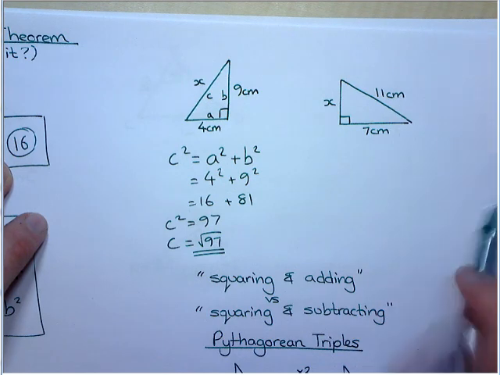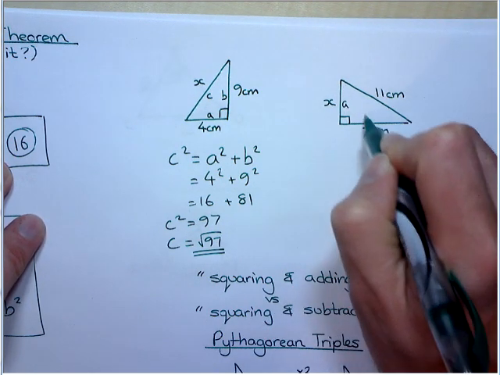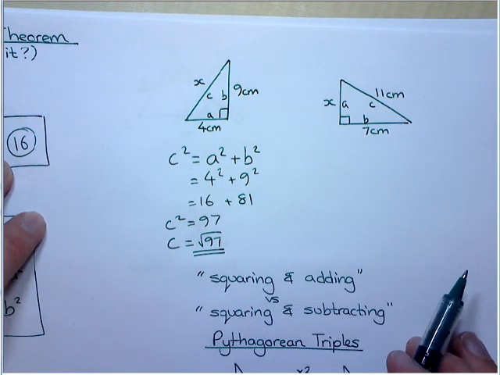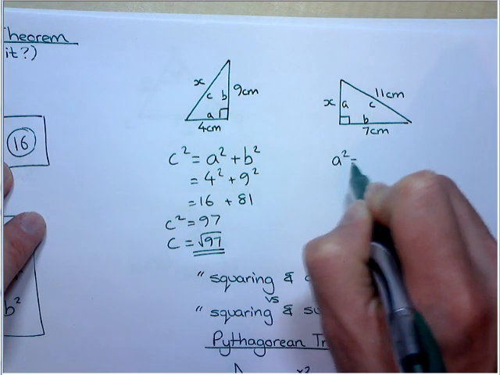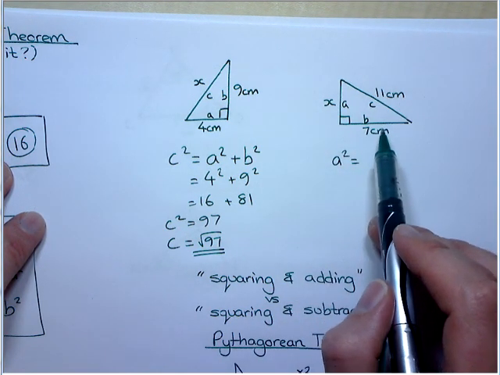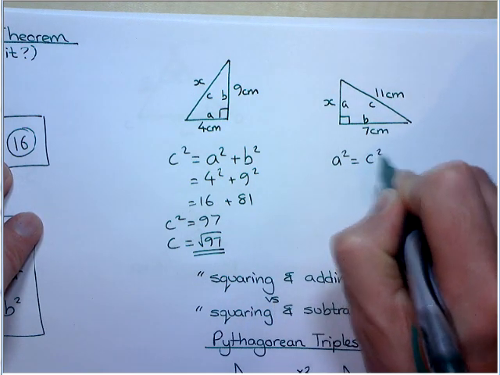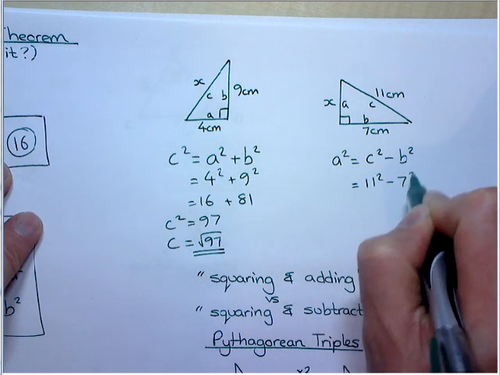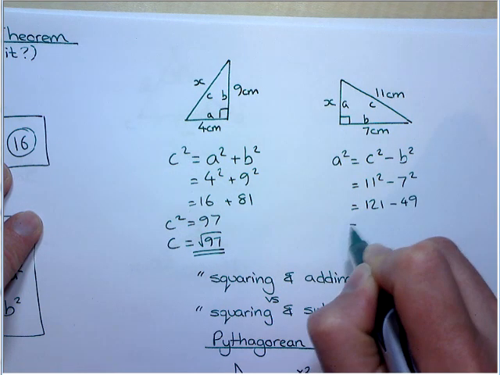So here, this is definitely the shortest just by looking at it, so I'm going to call that one A, this one B, and the longest, the hypotenuse, C. So we are now finding A. So I know the smaller one is not these two squared and added, because these two squared and added makes this one. So it must be the big one, take away the other one. So 11 squared, take away 7 squared. 121, take away 49.